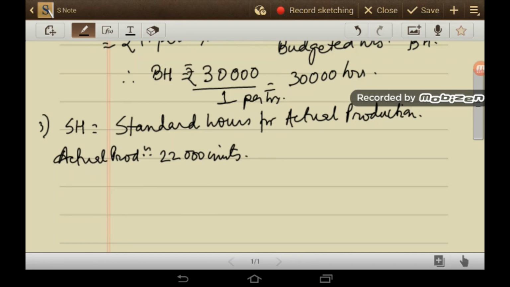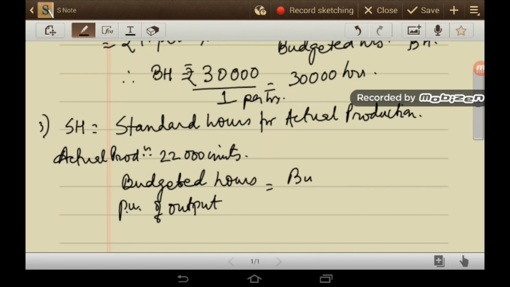So budgeted hour per unit of output is equal to budgeted production divided by budgeted hours.